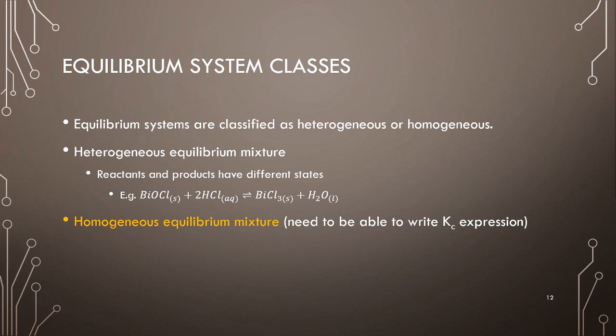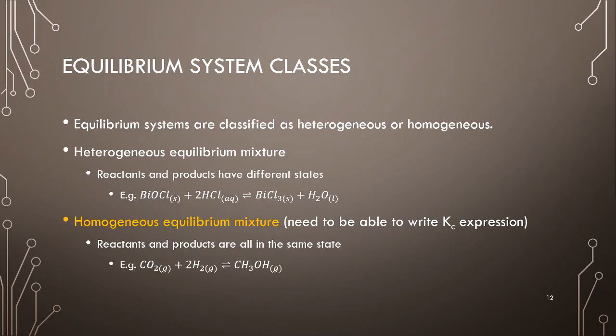The one that you get asked, and what you need to be able to write the Kc expression for, is what's called a homogeneous equilibrium mixture. Reactants and products are all in the same state, such as CO2 gas and 2H2 gas creating methanol, which is in gaseous state.